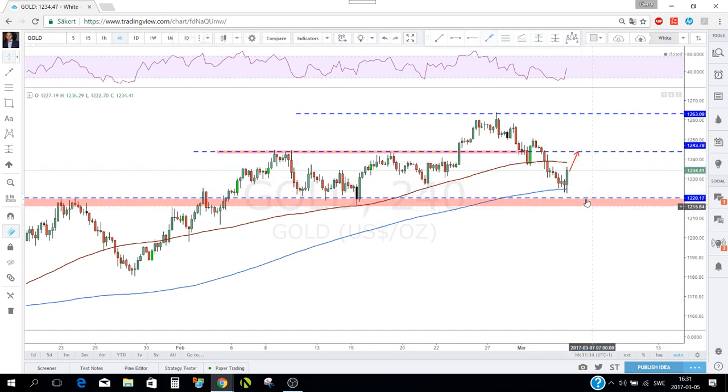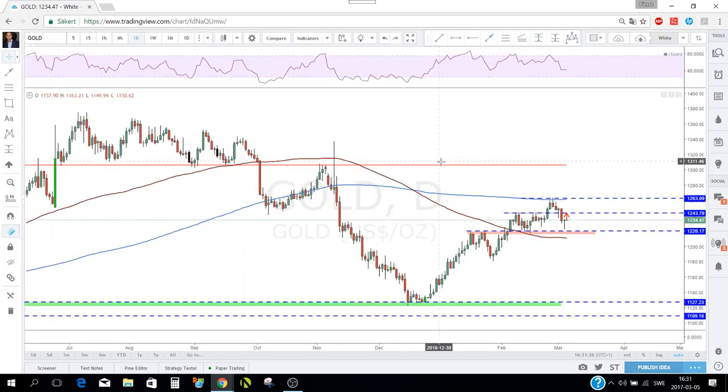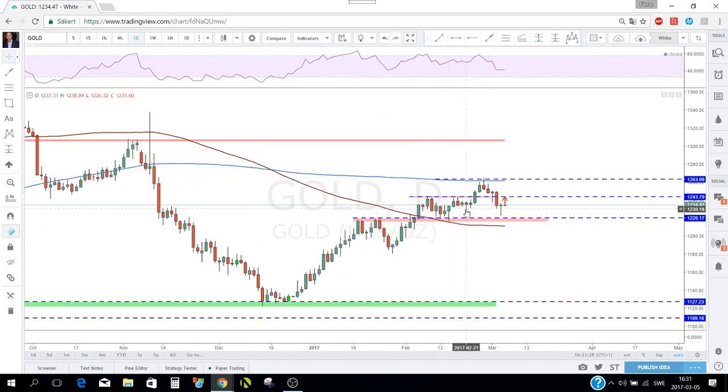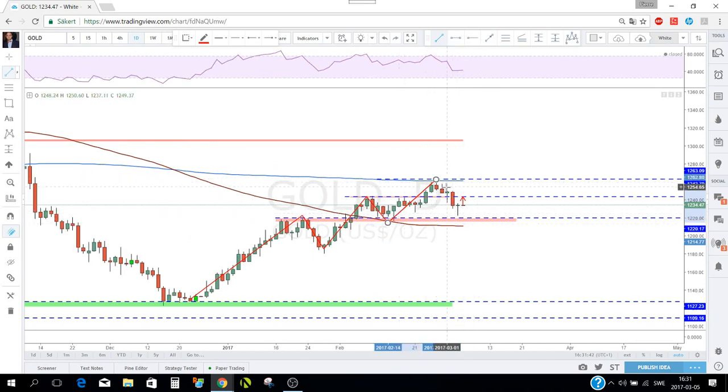Because if we go back to the daily structure, we still have a higher high, higher low, another higher high, another higher low, and this was our last higher high, and we didn't make a new lower low yet, and there is a possibility that gold keeps going up again.